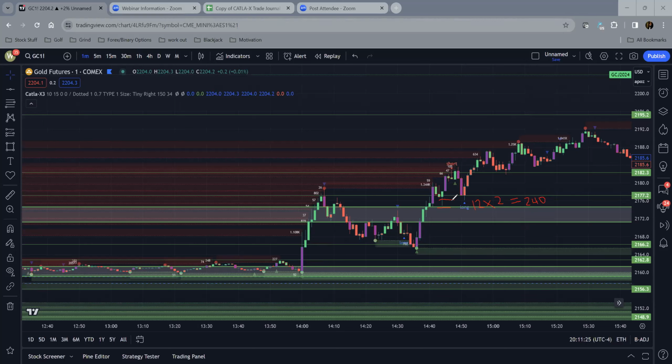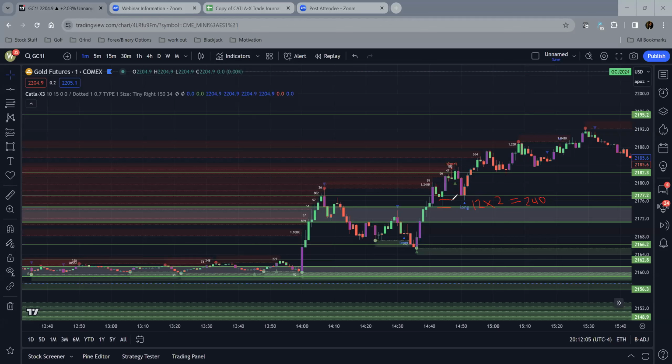Now from 2176 to 2195, how many ticks is this? It's 19 points, which is 190 ticks.